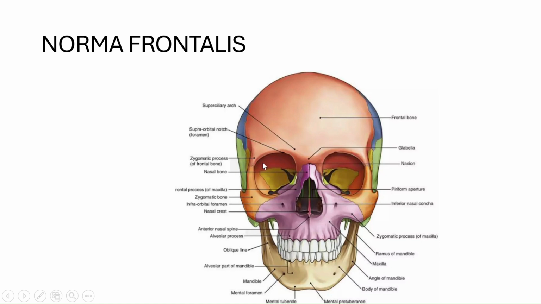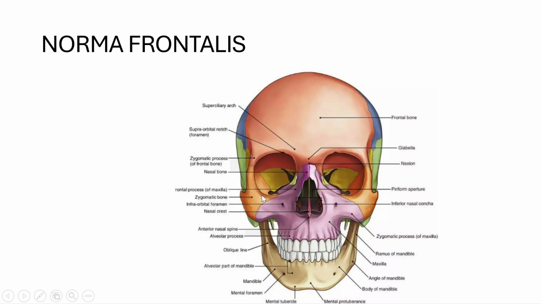The lateral orbital margin is formed by the zygomatic bone, and this is the frontal process of zygomatic bone and zygomatic process of frontal bone. So basically they are forming the lateral orbital margin. The infraorbital margin is formed by zygomatic bone laterally and maxilla medially. So this is maxilla, this is zygomatic bone.